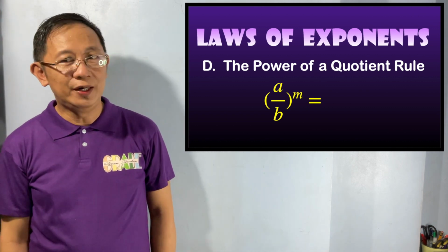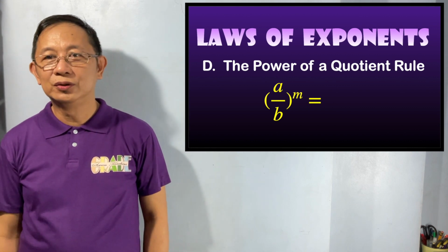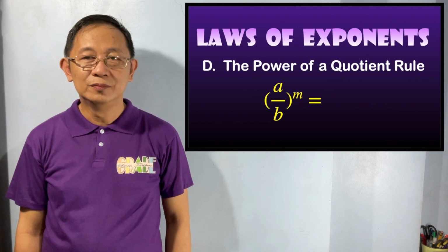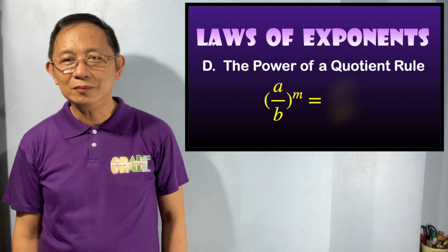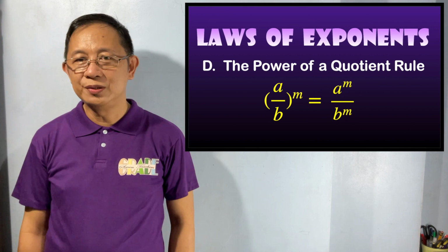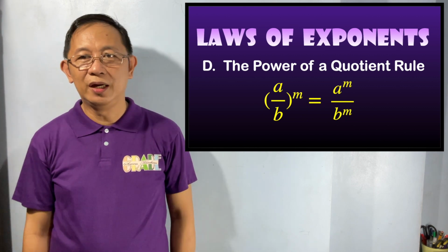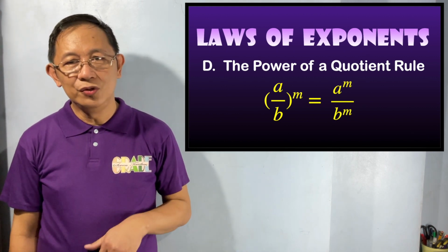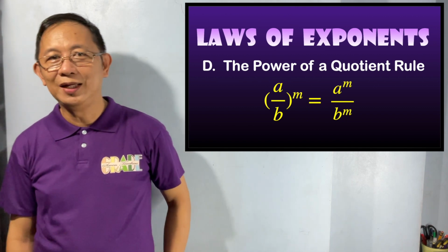You will share m to the numerator and also to the denominator. The numerator is a, so this becomes a raised to the m power. Share m to b, so the denominator becomes b raised to the m power. So that's it: whatever we share to the numerator, we also share to the denominator.